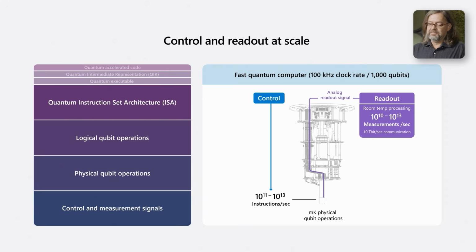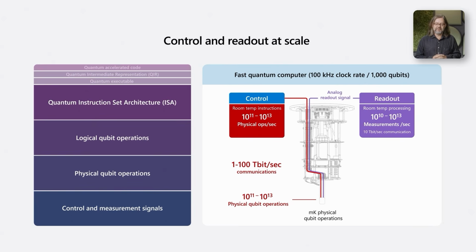How about control? Sending down 10^11 to 10^13 physical operations per second, which might be 1 to 100 terabit a second, will just heat the qubits far too much. I just cannot sustain that.